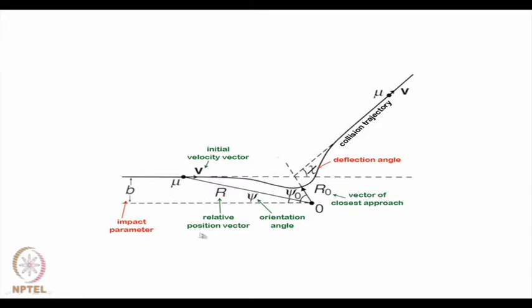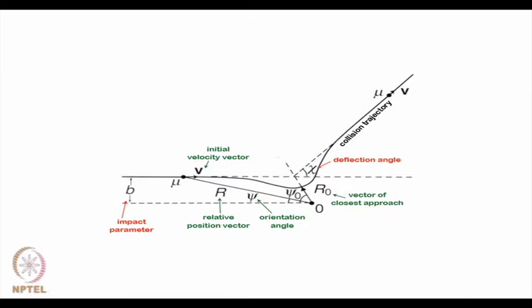B is the impact parameter, and this is the deflection angle, the angle made by the initial vector and the final vector. This is the amount of deflection that has happened. If there is no collision, the particles would have followed this dotted line. Now what does this mean? Let us try to see.